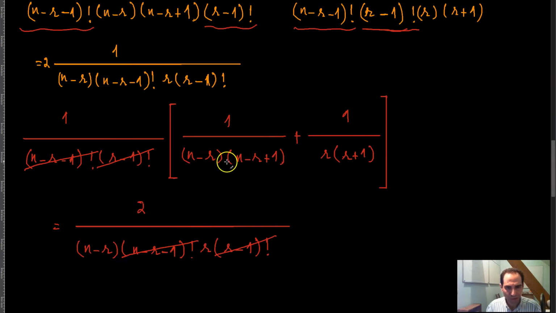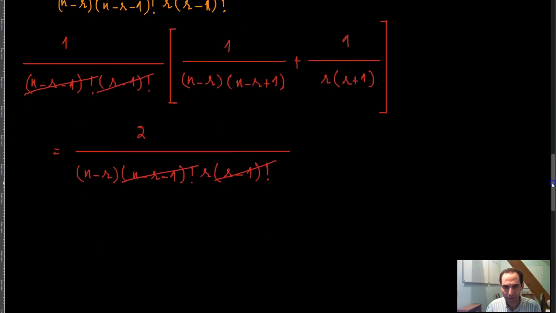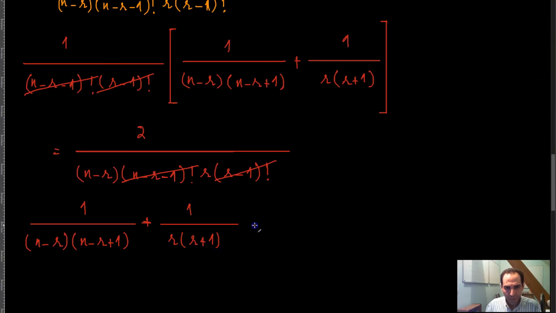which means that you will be left with basically 1 over (n minus r) times (n minus r plus 1), and then add to that basically 1 over r times (r plus 1), and that is equal to 2 over basically r times (n minus r), right?